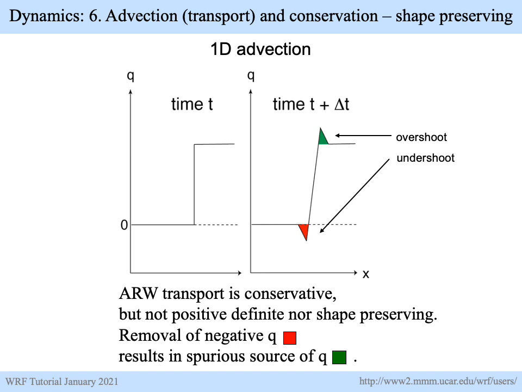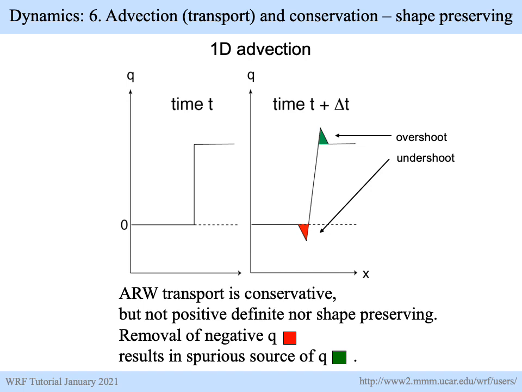Now, one way of fixing, for example, the undershoots, the negative mixing ratios, which are clearly non-physical, is just to remove these negative values, just chop them off, set them to 0. But in doing so, because the base transport is conservative, removing negatives means you now added mass to the system. So even with these overshoots and undershoots, we're conservative.